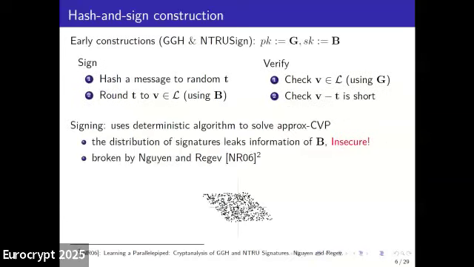So the signing used a deterministic algorithm to solve the approximate closest vector problem.